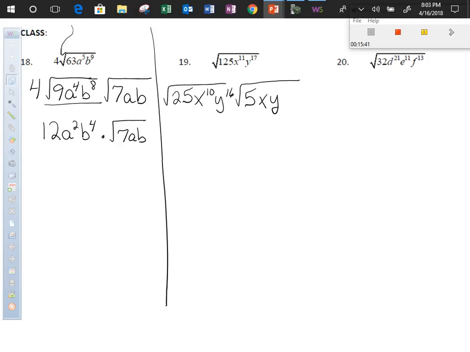So I needed highest multiples of 2, less than 11 and less than 17. Now, if you've done a good job, you know this answer. That answer is going to be 5x to the 5th, y to the 8th, times the square root of 5xy.